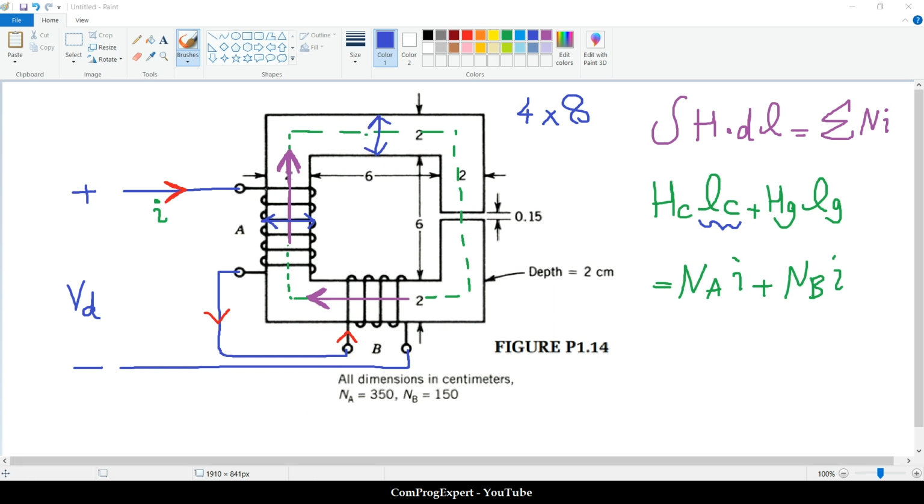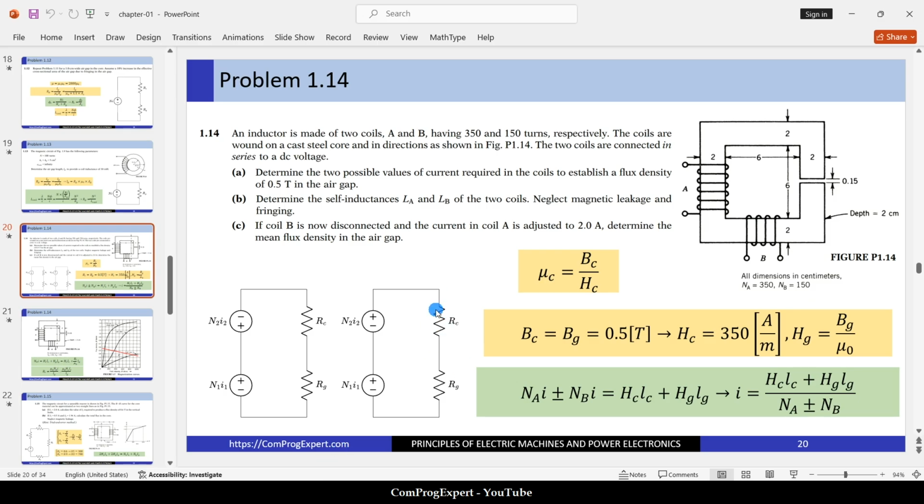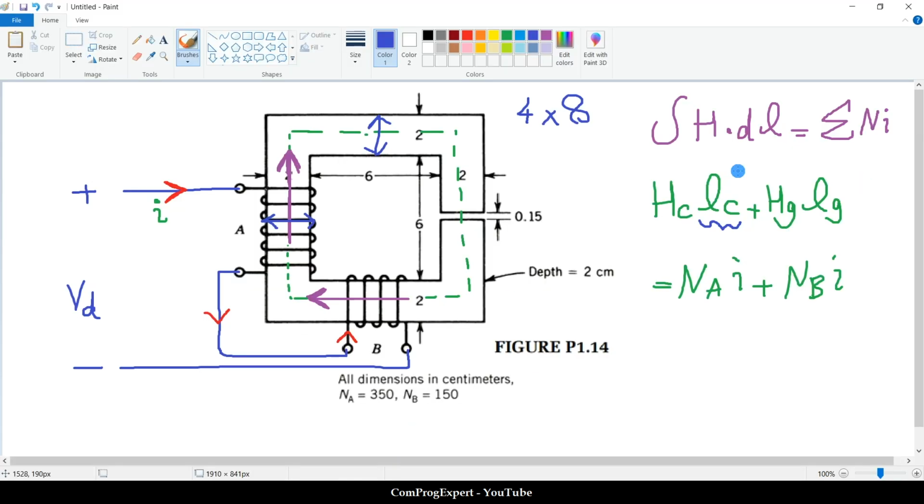So we can consider only one reluctance for the core, and this is the air gap reluctance. The thickness of the air gap is also given here, 0.15. Okay, and we have these two parameters.